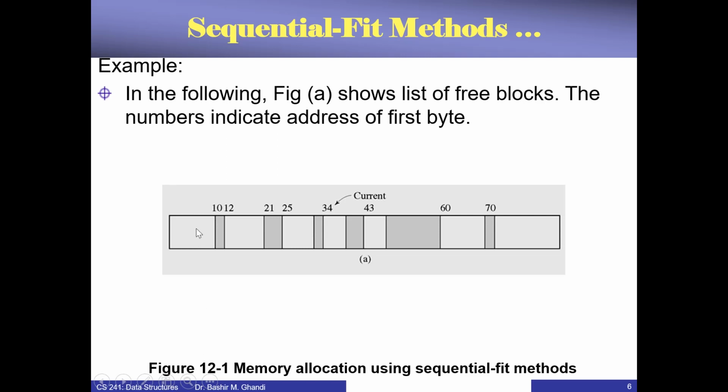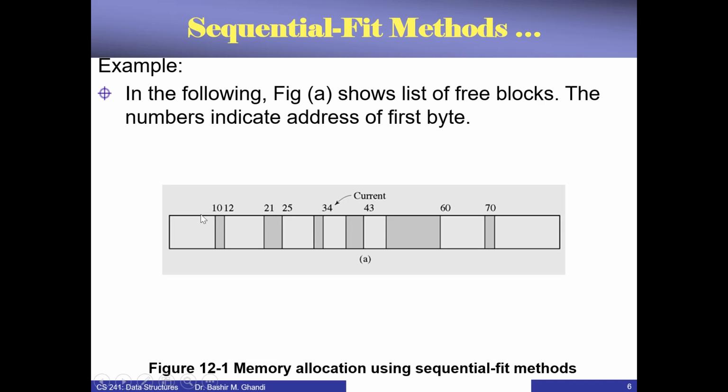Here the light gray blocks are the ones that are free, whereas the dark gray are allocated, they are not available. The numbers indicate the address of the first byte. Actually, this is how you address a memory block, just by telling the address of the first byte.